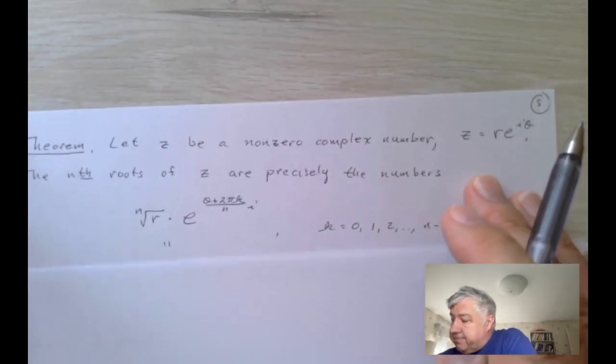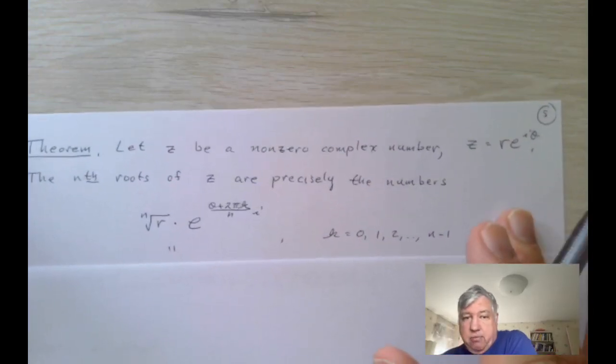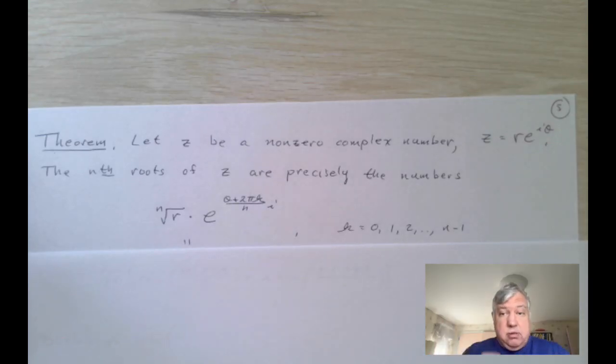What we want to do is find the nth roots of a non-zero complex number, using the trigonometric or exponential form of that number. If z is a non-zero complex number, we can write it as r times e to the i theta.